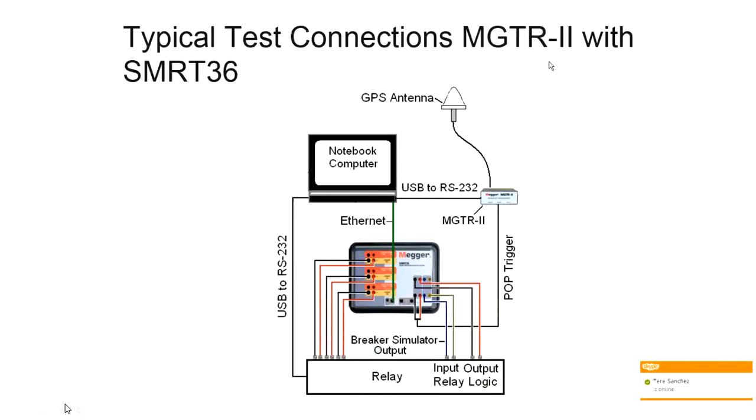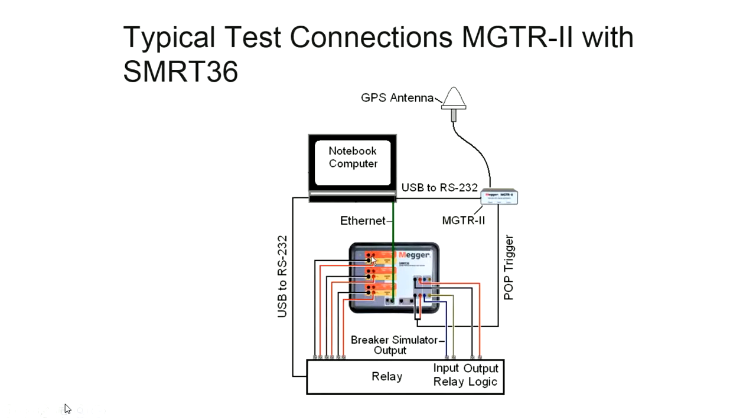This is the typical test connections between the MGTR2 with the Smart 36. As you see here, we have a computer. The computer is used to control the Smart 36. You can replace the Smart 36 with any test set that you have available, or that is of your preference. But the concept is the same.